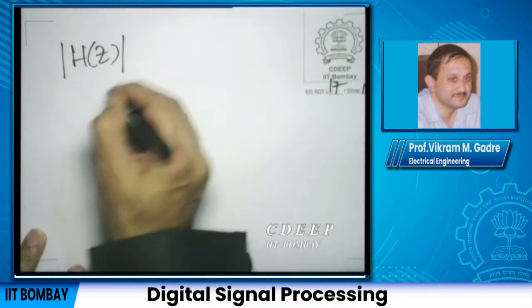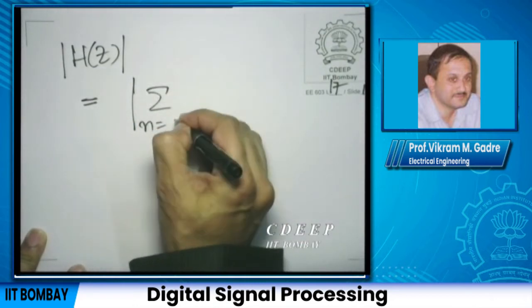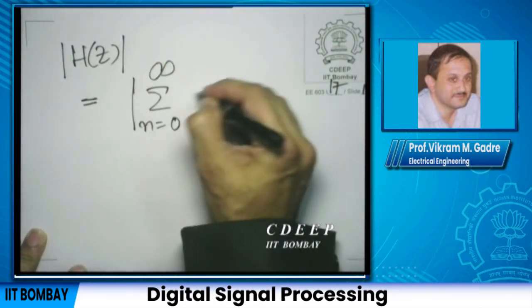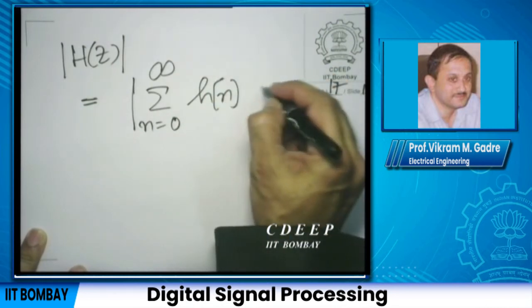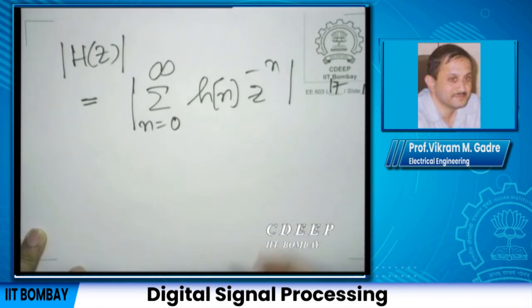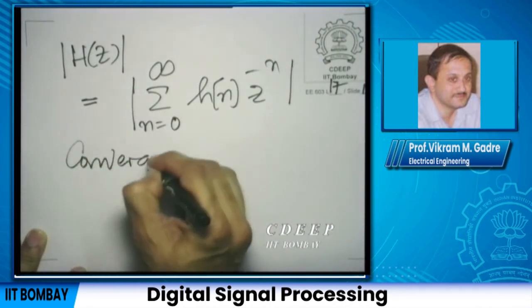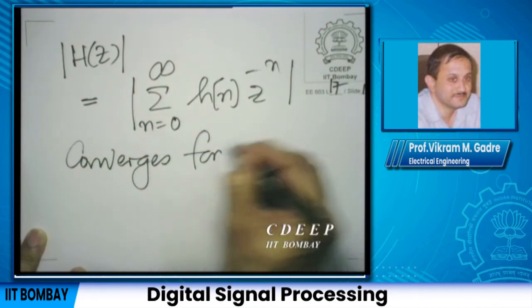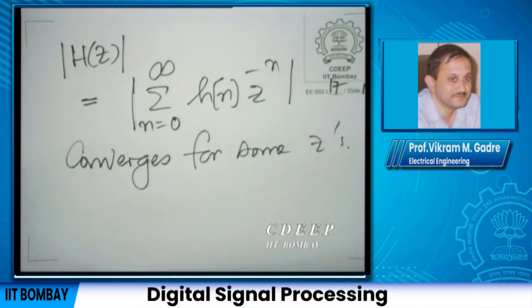we can consider mod H(z). Mod H(z) is mod summation n going from 0 to infinity h[n] z raised to the power minus n. Now, this converges for some z's, so you know the system function exists.